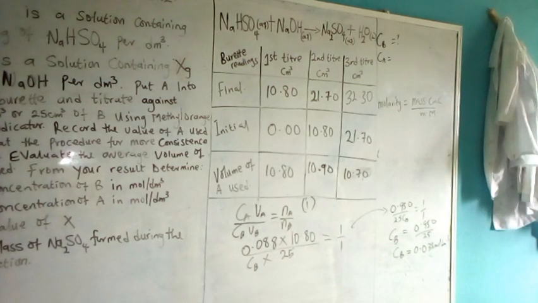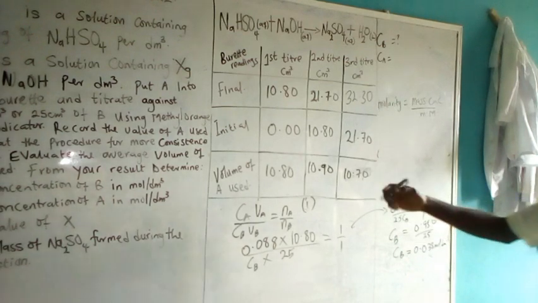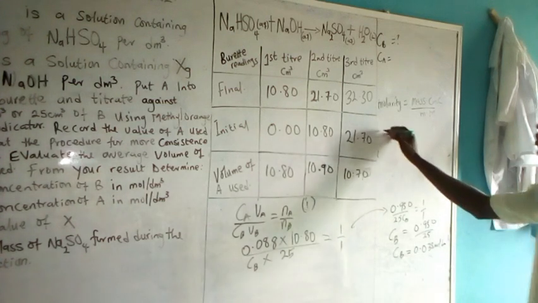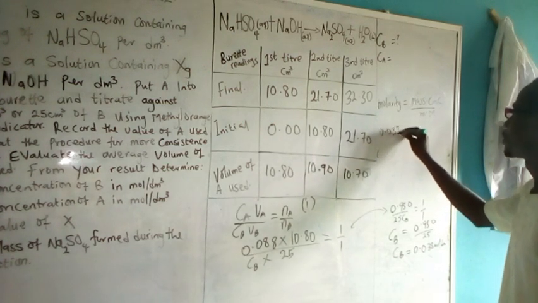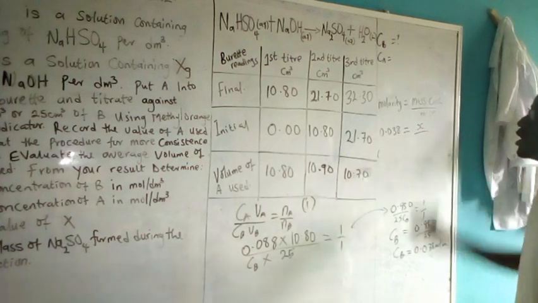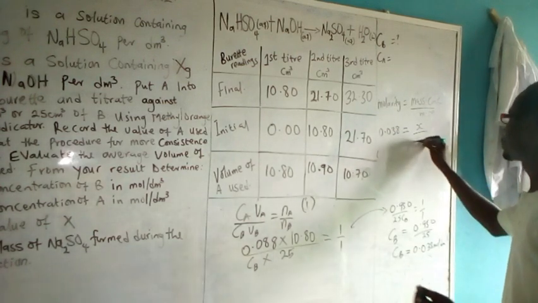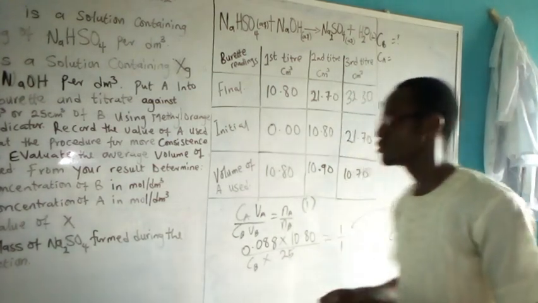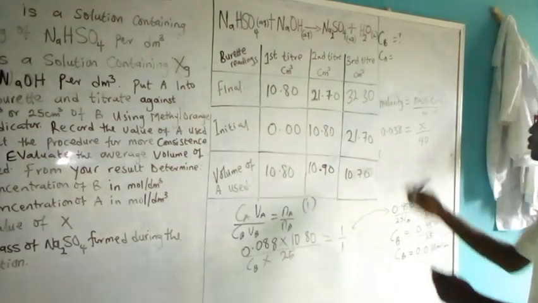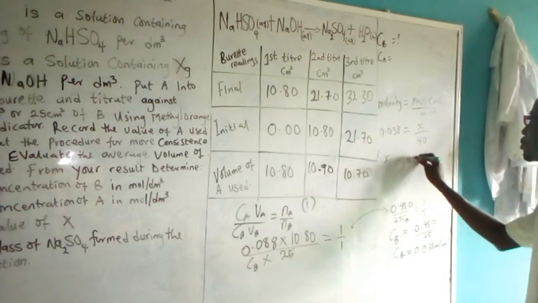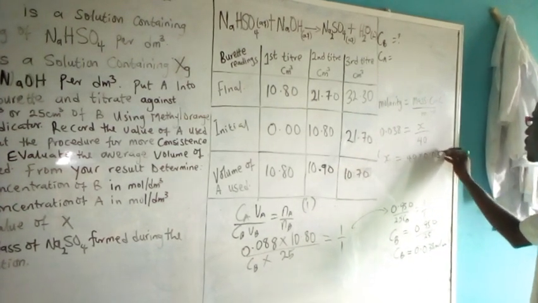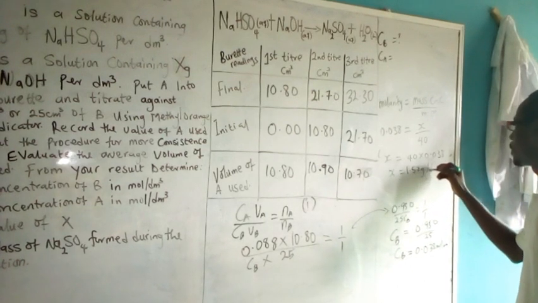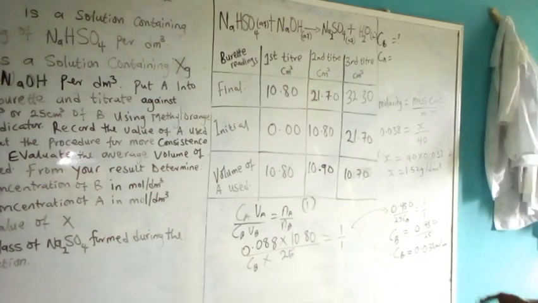Don't forget that the mass concentration is x, and the molarity we calculated now is 0.038. So we have 0.038 equals x over the molar mass of NaOH, which is 40, gotten from the relative atomic masses of sodium plus oxygen plus hydrogen. So x is going to be equal to 40 times 0.038. x equals 1.52 gram.